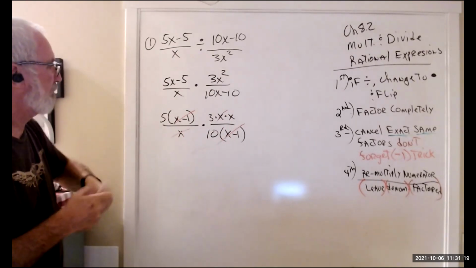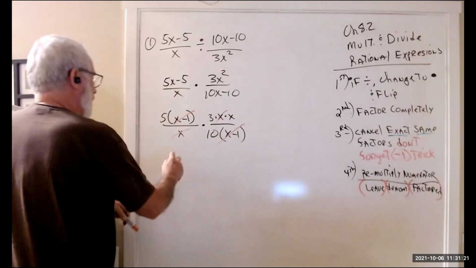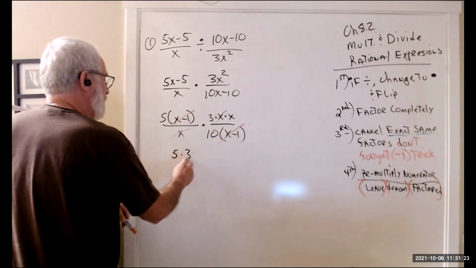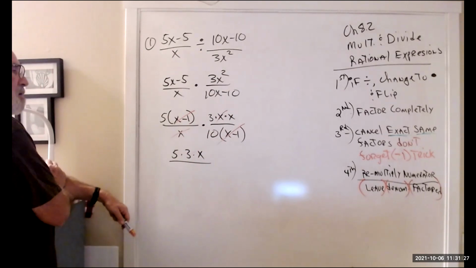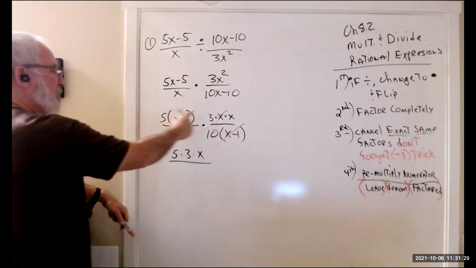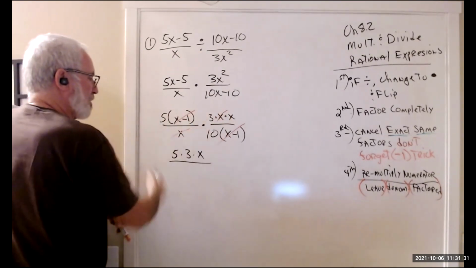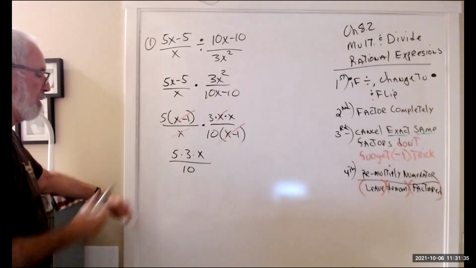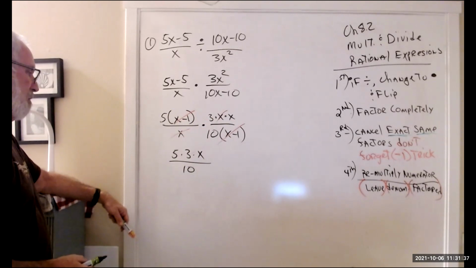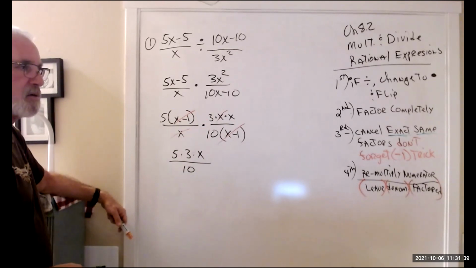So what do we have left? On top, we have 5 times 3 times x. 5, 3, and an x. On bottom, we have 10. Well, wait a minute. Can I break up 10?